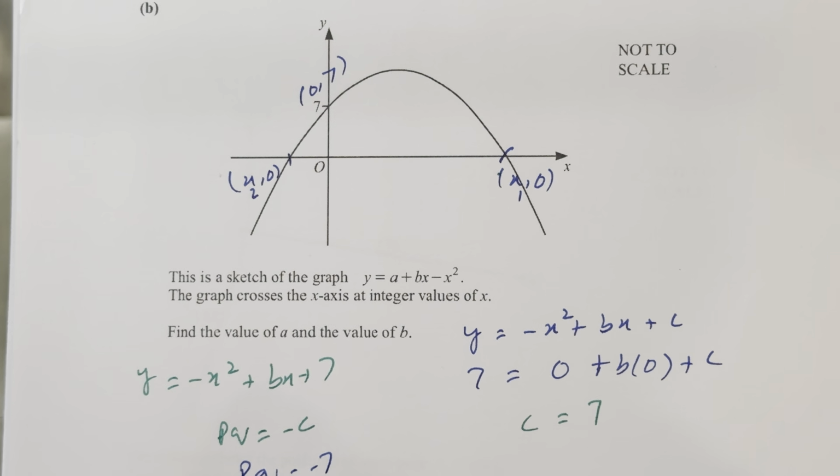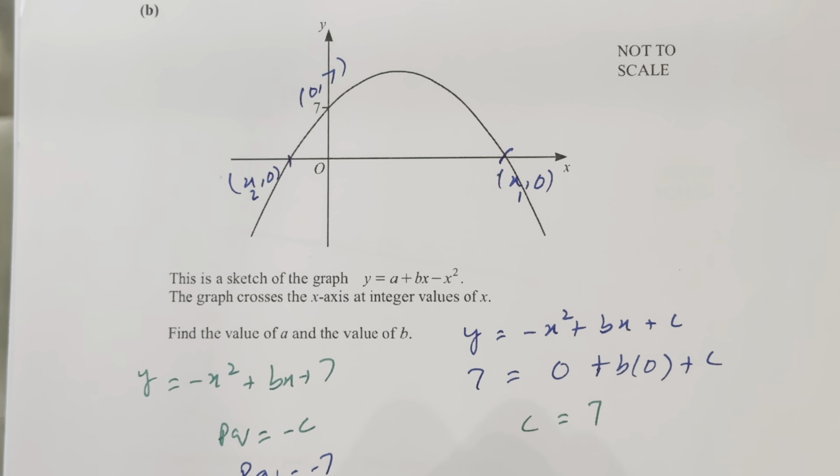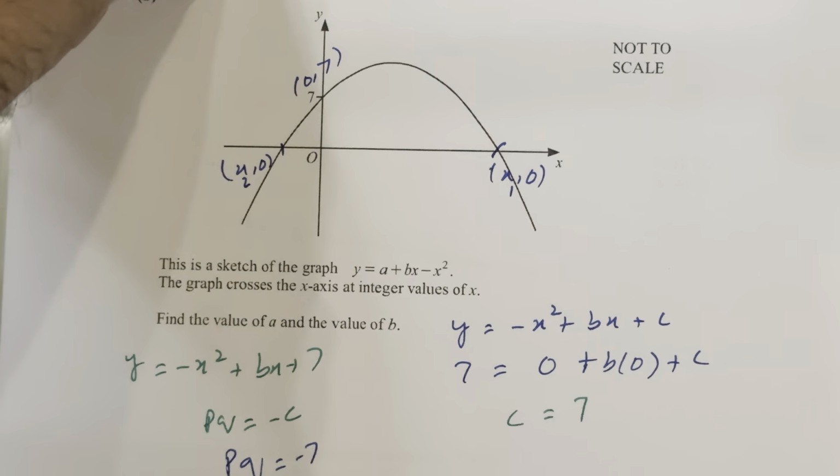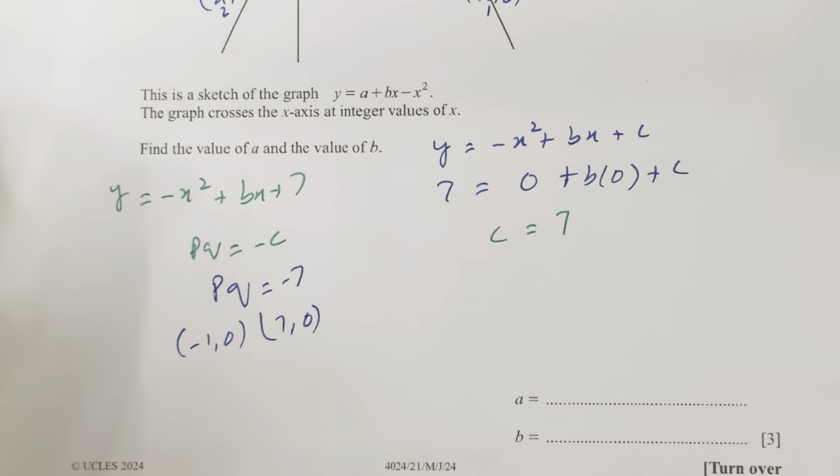So we know that −7 could come from integer values like this: if p is −1 and 0 and q is 7 and 0, because when we multiply −1 by 7, it would be −7. So this is how we can calculate −1 and 7.